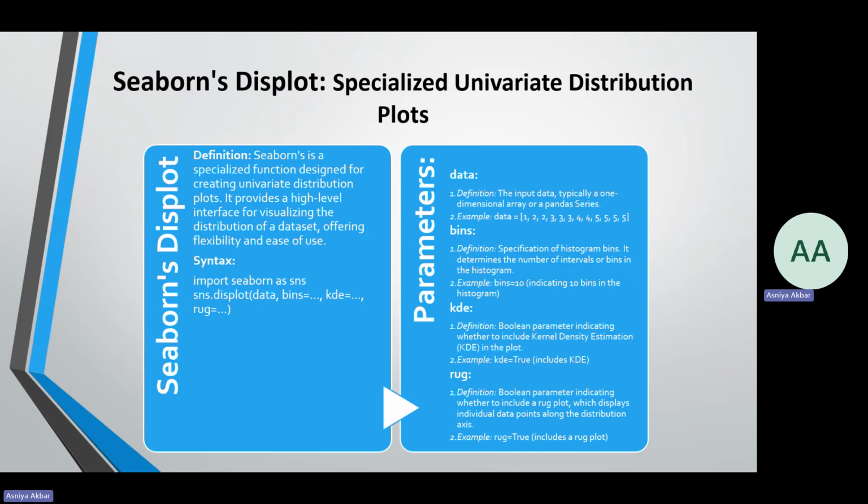And the KDE, which is kernel density estimation, whenever it is true, includes the KDE in the plot, and it provides a very smooth representation of your distribution. And lastly, a rug plot is included, which displays individual data points along your distribution axis, and it also enhances the granularity of your plot.